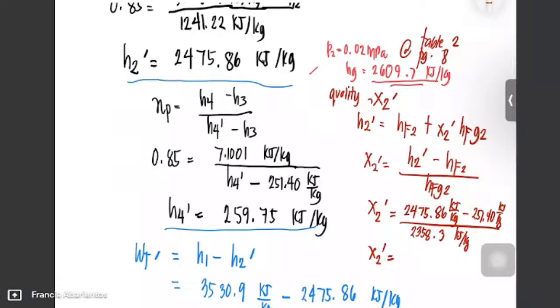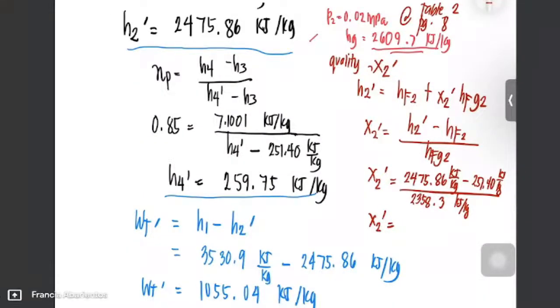What is now your answer? 275.86 minus 251.4, divided by 2358.3. Oh, diba? So, it falls again into the mixture. Ano class? Ano po ang answer nyo? At this state. What is your answer? What is the quality? Okay. We have 94.32%.